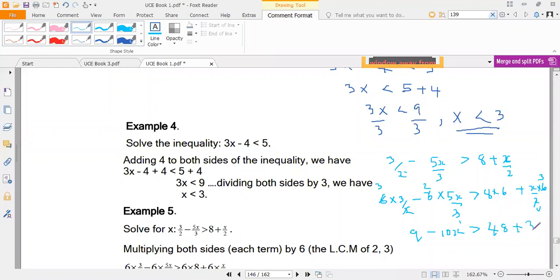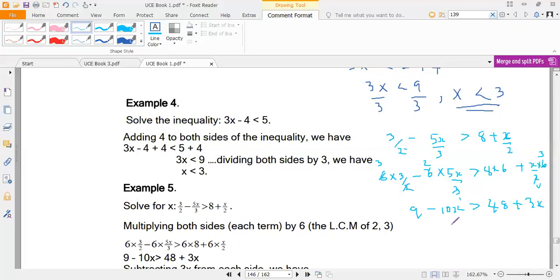From here, you collect like terms, that is, take the x's on one side and the numbers without x on the other side.